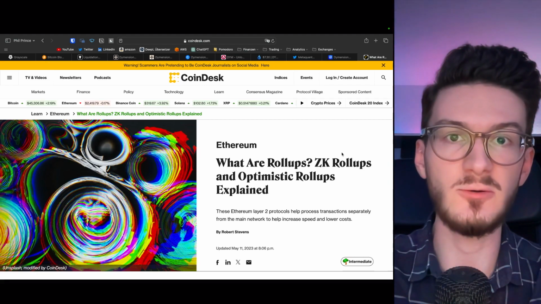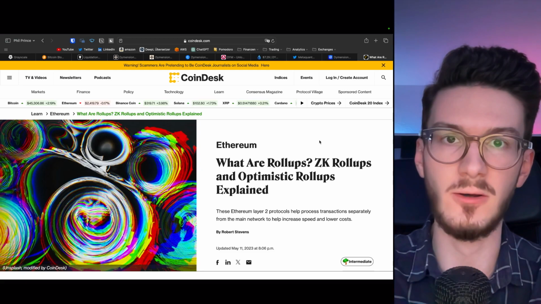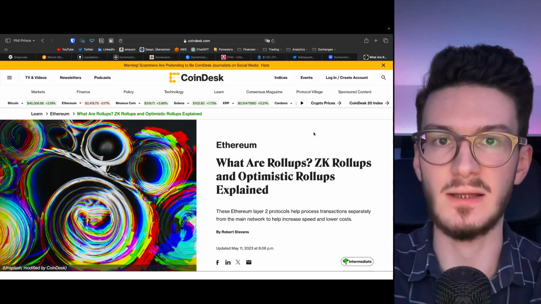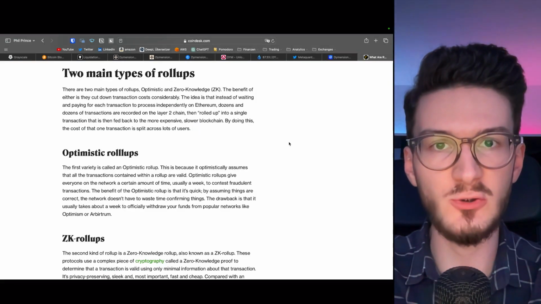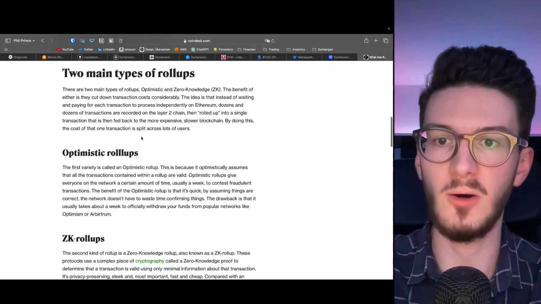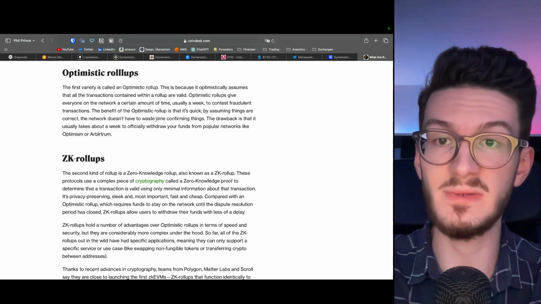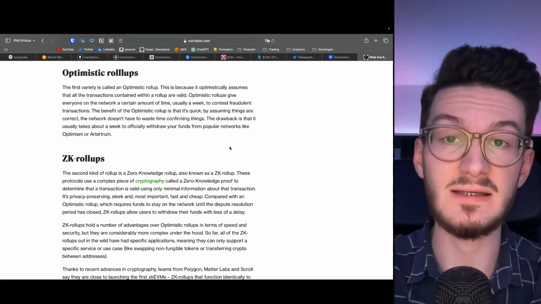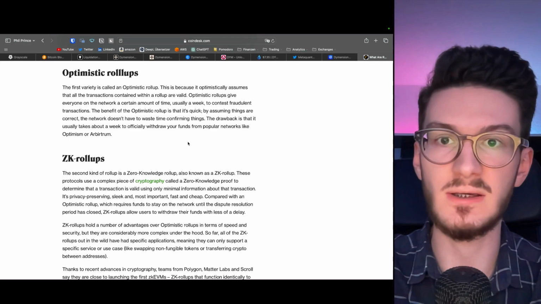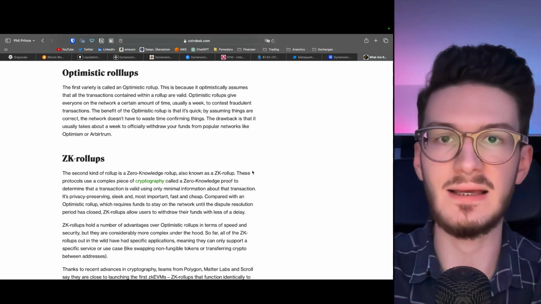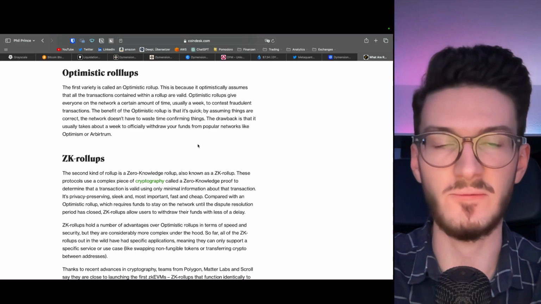So basically you could describe rollups as add-ons because this functionality is not natively supported. Also, there are two main types of rollups, being optimistic rollups as well as ZK rollups. To keep it short, an optimistic rollup is a rollup that assumes that all of the transactions are valid. Everyone then has a certain amount of time to contest fraudulent transactions.